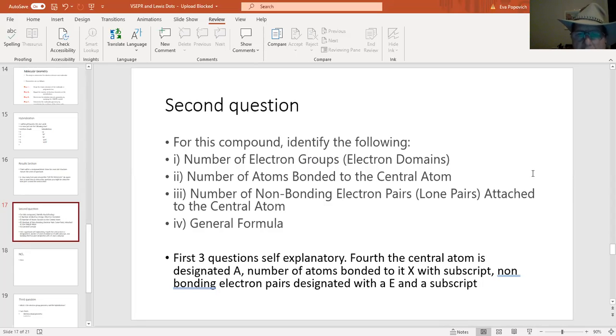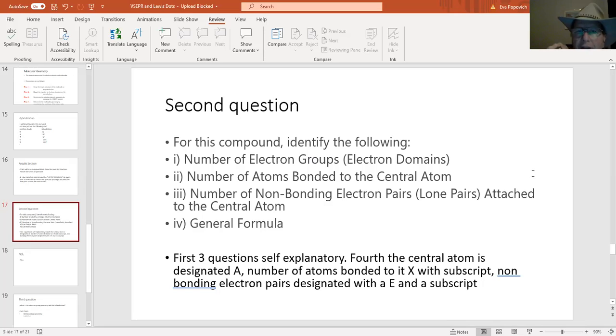The fourth thing is general formula. The central atom is designated with the letter A. Each atom that's bonded to it has an X with the subscript. So in my example of I3 minus, my general formula would be AX subscript 2.